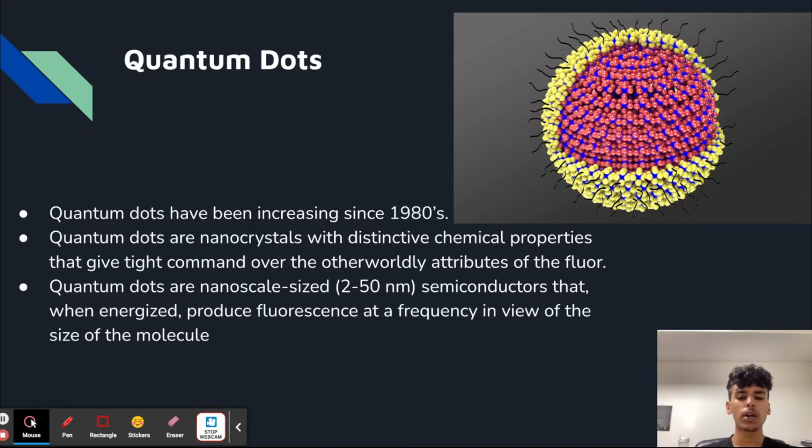The quantum dots are nano-sized semiconductors that, when energized, produce fluorescence at a frequency in view of the size of the molecule. More modest quantum dots transmit higher energy than enormous quantum spots, and subsequently the radiated lights move from blue to red as the size of the nanocrystal increments.